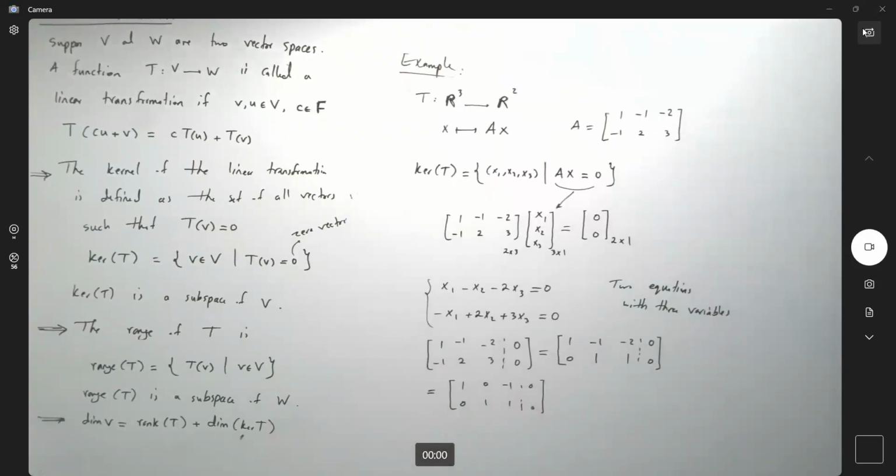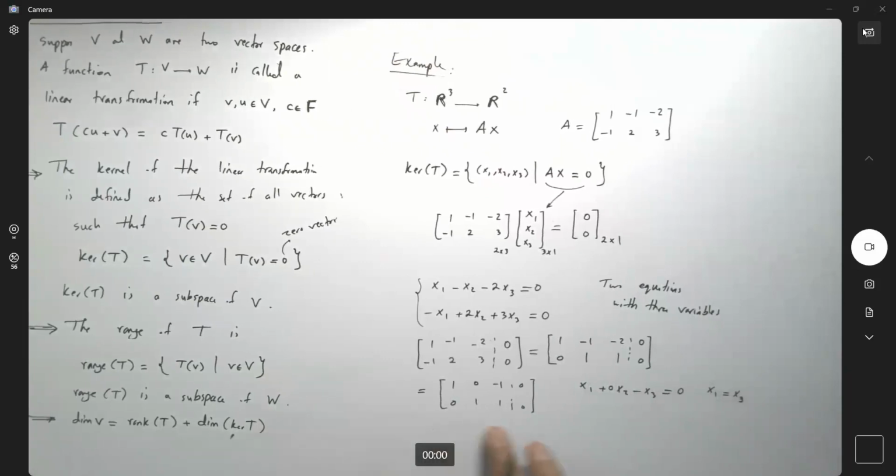Why is that? Now, here you have x1 plus 0 x2 minus x3 equal to 0. So basically, x1 is equal to x3. From the second one, we get x2 plus x3 equal to 0, or x2 is negative x3.